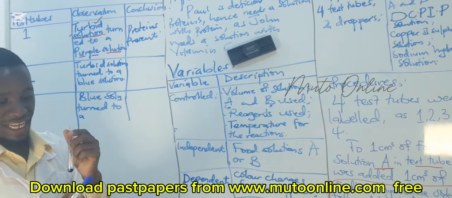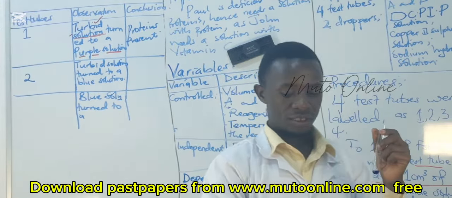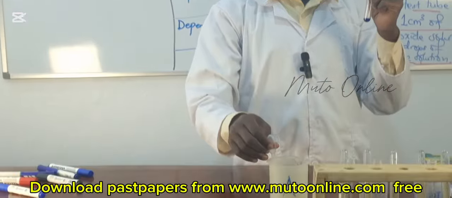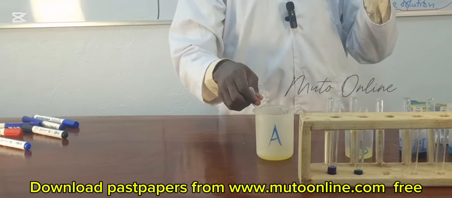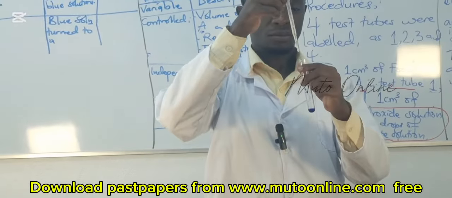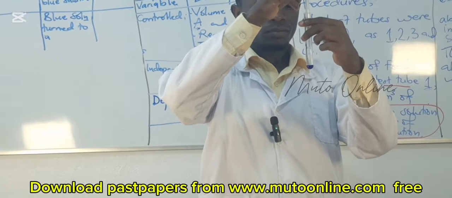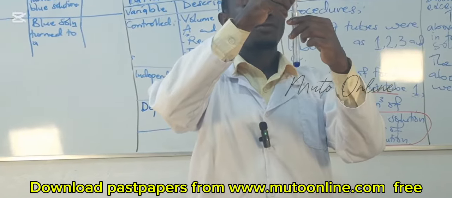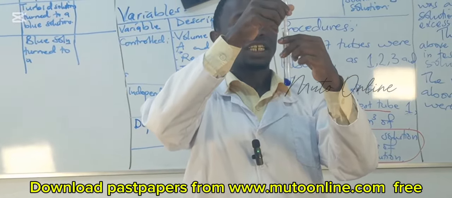Let's try to add excess of solution A. So we get a dropper and add dropwise. There is an extent we shall reach where we have no hope of the solution changing.